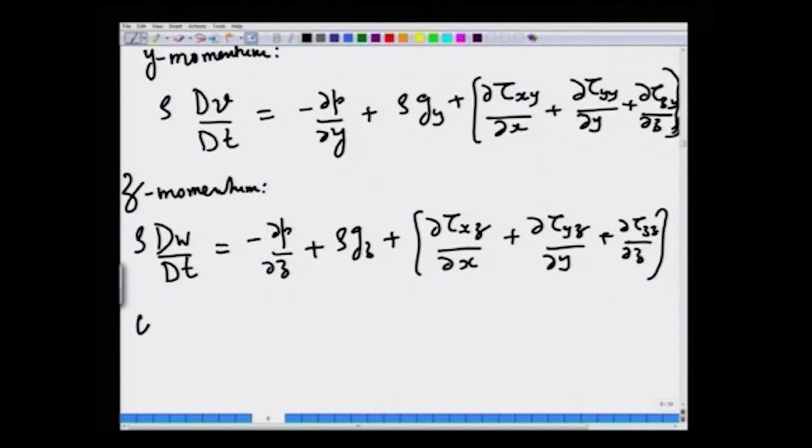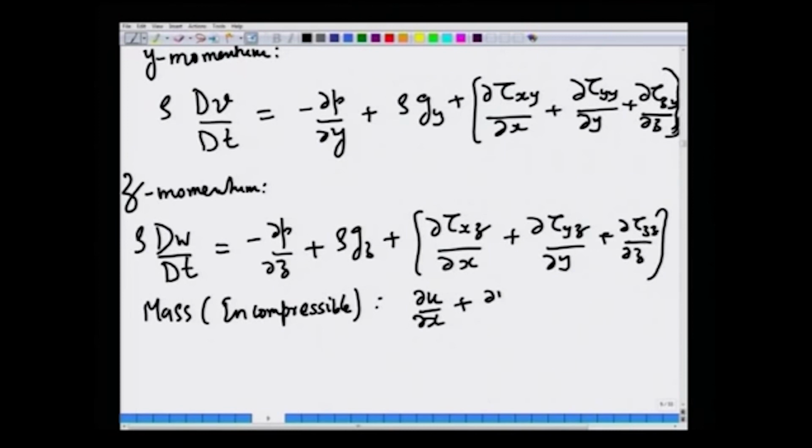In addition, we have the continuity or mass conservation equation for an incompressible fluid as partial u partial x plus partial v partial y plus partial w partial z is 0.